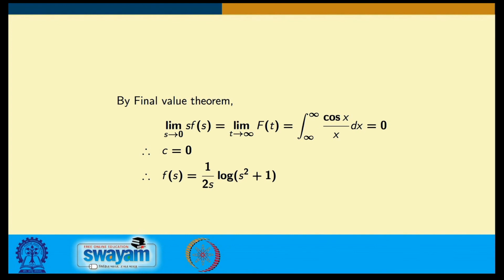So, that value becomes 0, and using this I can obtain the value of c as 0. Therefore, F(s) equals 1 by 2s into log of s square plus 1, which is the Laplace transform of the cosine integral function.